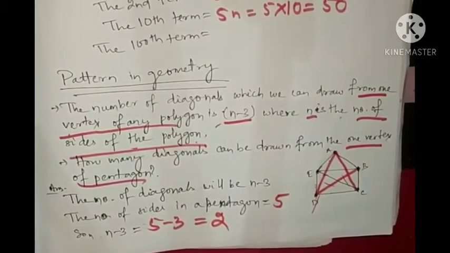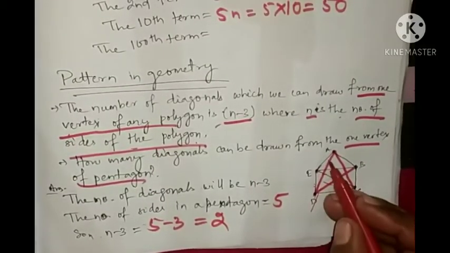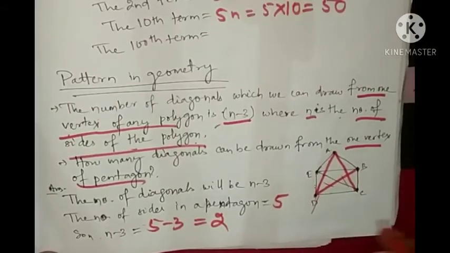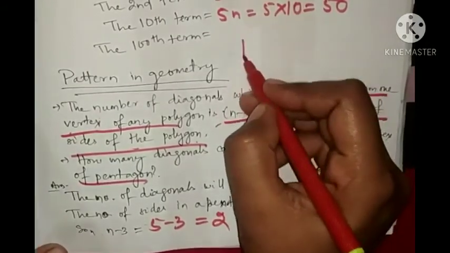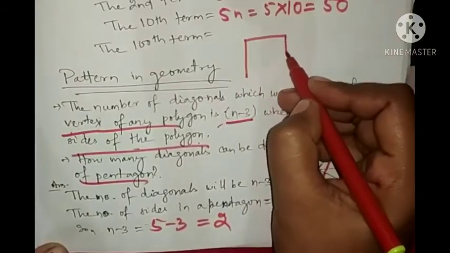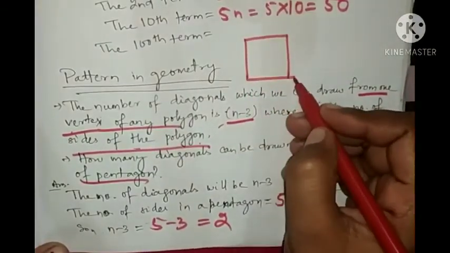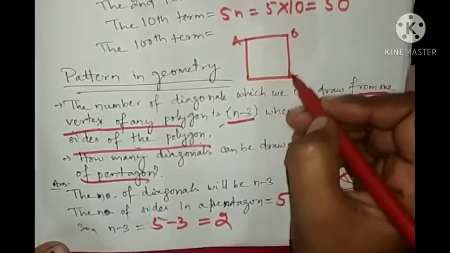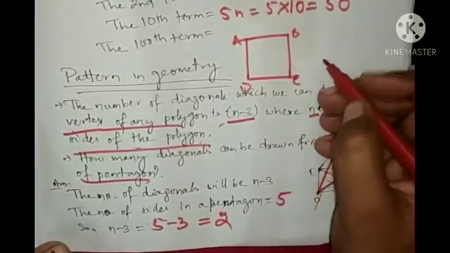Now let's see a square. The square has vertices A, B, C, D. How many sides? 4 sides.